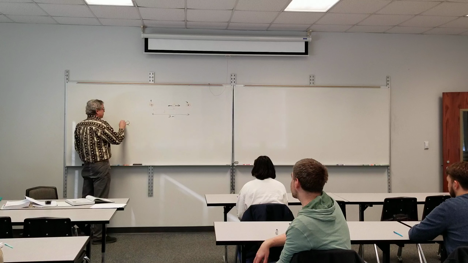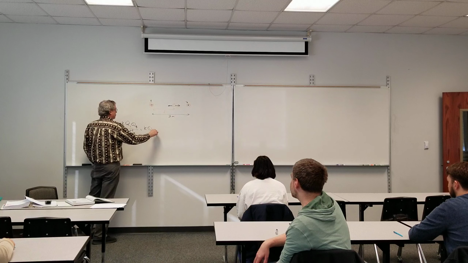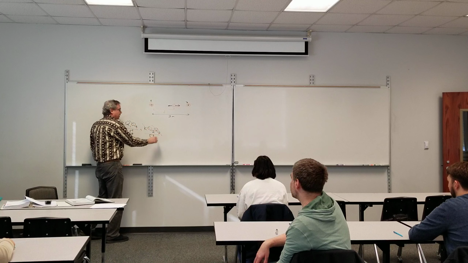So you end up with k Q1 Q_bead over R1-bead squared is equal to k Q2 Q_bead over R2-bead squared. And as you said, they cancel out.